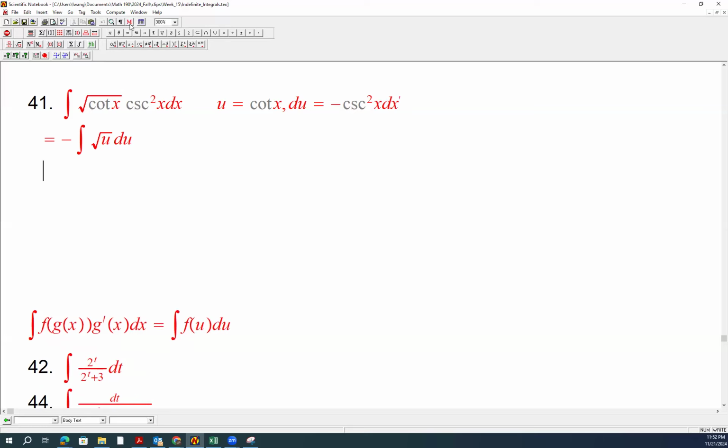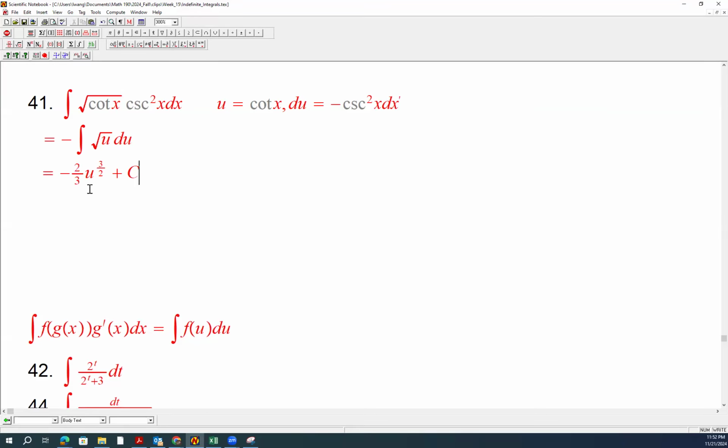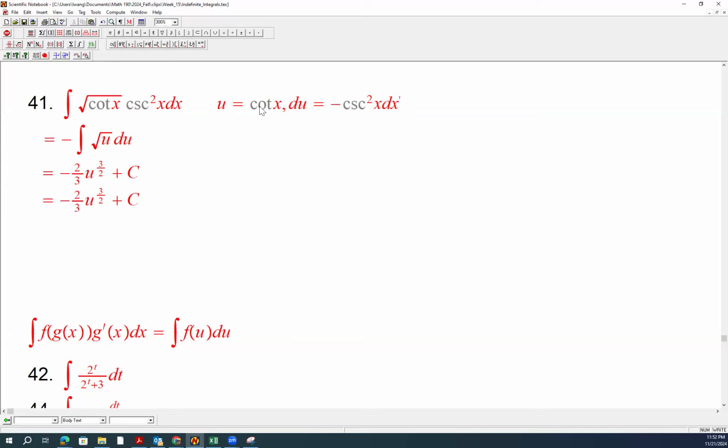And the next step will be easy for everybody, I believe. So this is going to be 1 plus a half, u raised to the power of 3/2 plus constant. Okay, so this is going to be 3 under 2, and substitute u. U is cotangent x right there.